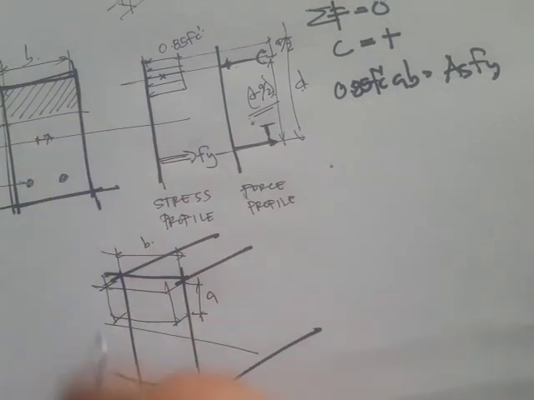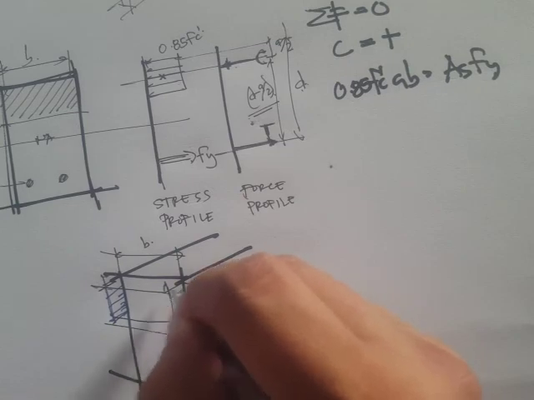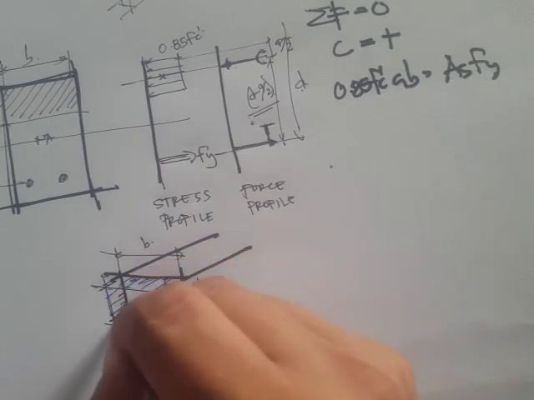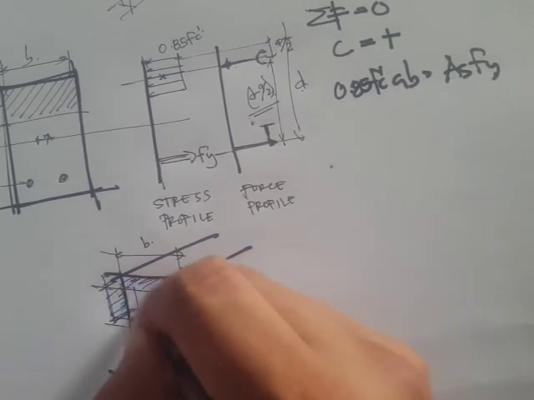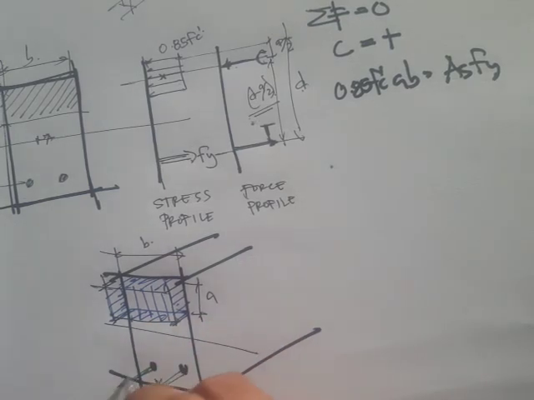Okay, so let me use the color blue, let's say for the stresses. Okay, and we have also stresses here. Now let me use the color green. Okay, I think that would be better.